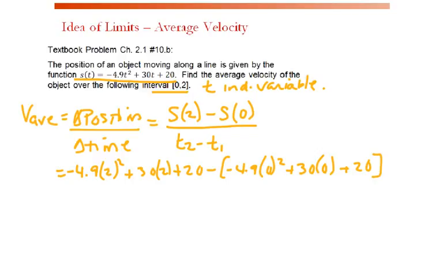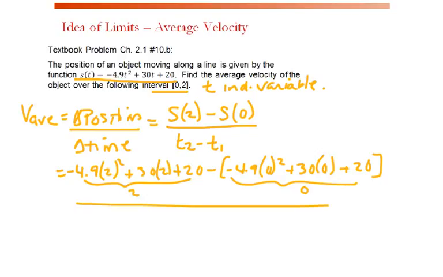Right? And all that I've done here is just put 2 into the equation, and here I put 0 into the equation. All over 2 minus 0. So if I do my arithmetic cleanly, I should get 60.4 minus 20 over 2, which is equal to 20.2. So that's your average velocity.